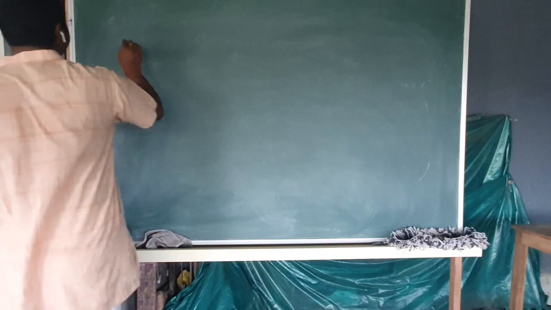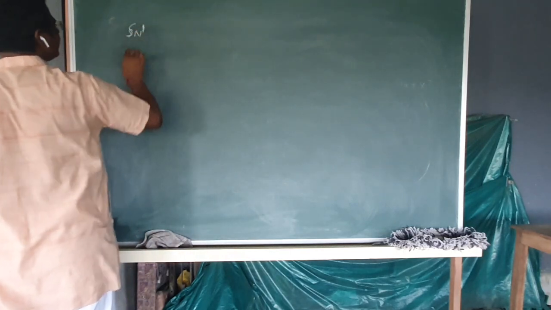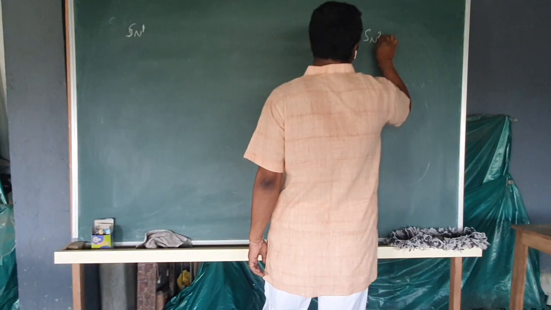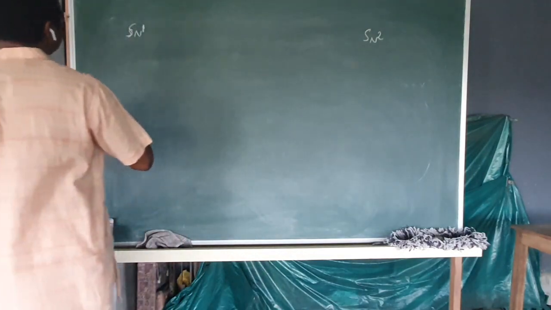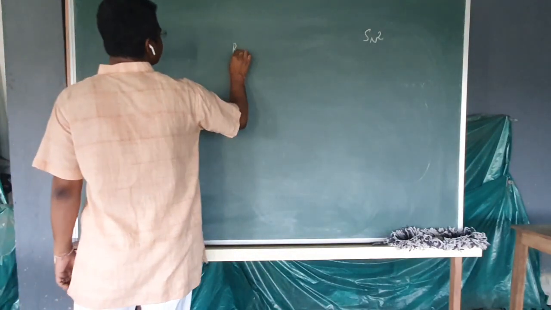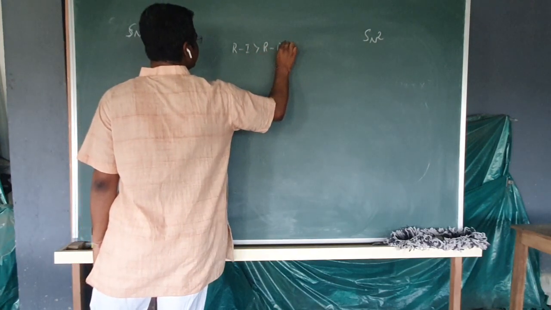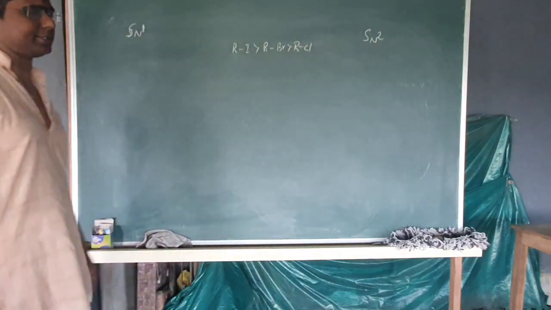So let's go for a comparison. SN1, right there, SN2. Okay. So in case of SN1 or SN2, the common point is RI more than RBr more than RCl. RF is unreactive in both the cases. Okay.